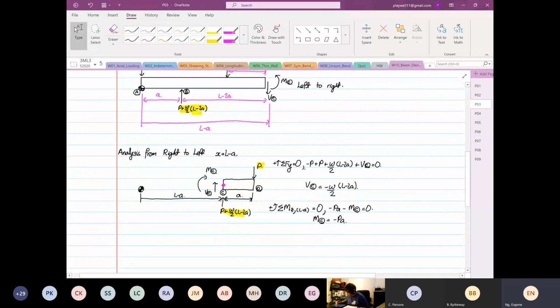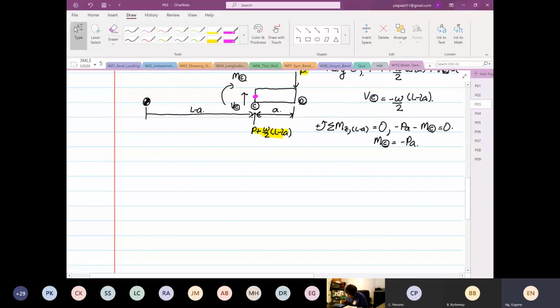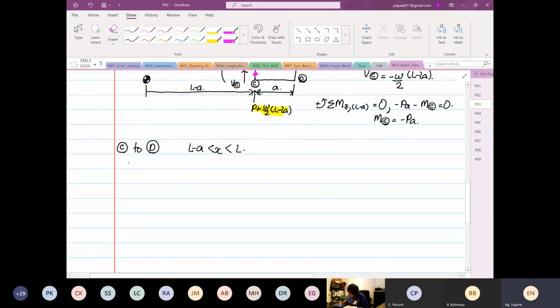So now we are going to do the section between point C to point D, so you have L minus A ≤ x ≤ L. I'm going to do my analysis from right to left again. We are still going to draw our datum, still left hand side.